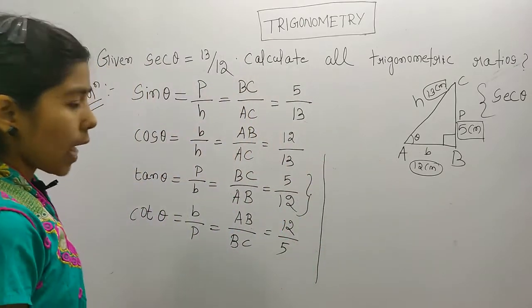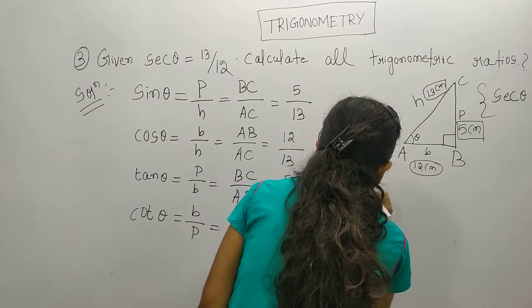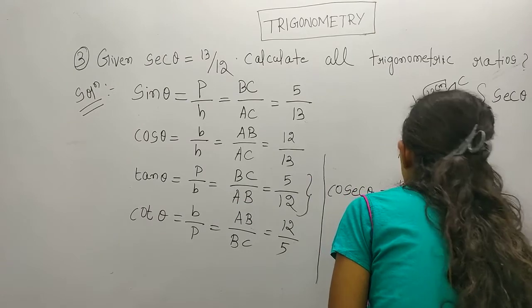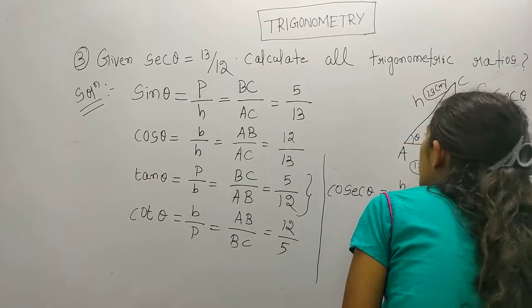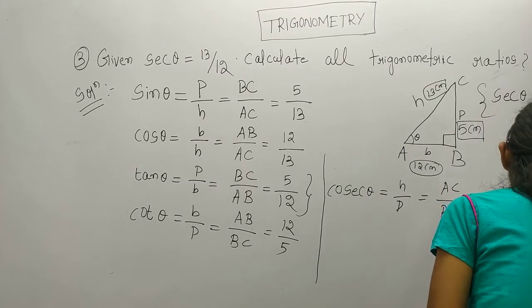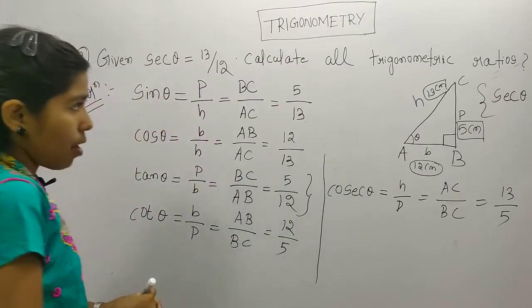Now only one ratio remained, it is cosec theta. Cosec theta is the reciprocal of sin theta, H by P. It means AC by BC equals 13 by 5. We calculated every ratio.